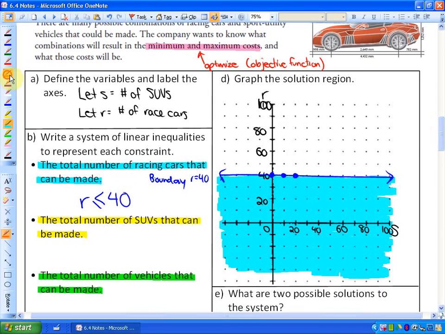Sport utility vehicles have to be less than or equal to 60. Or in other words, your boundary would be where sport utility vehicles are exactly 60. Well, they're exactly 60 here, they're exactly 60 here, or S equals 60 is a vertical line through the S or sport utility axis at 60. So that would look like this.